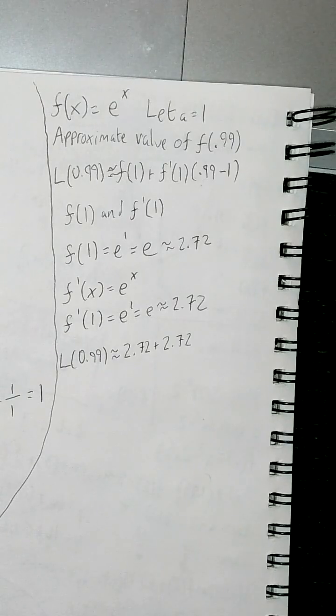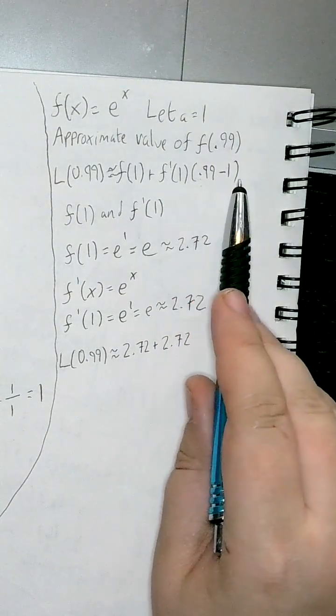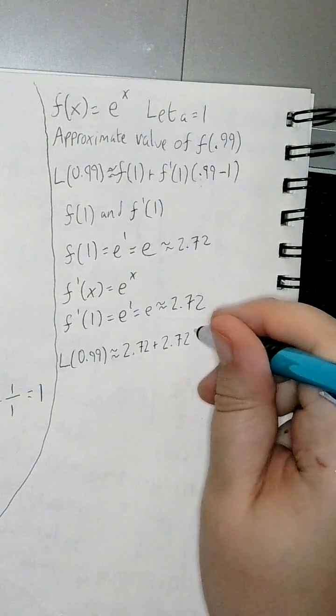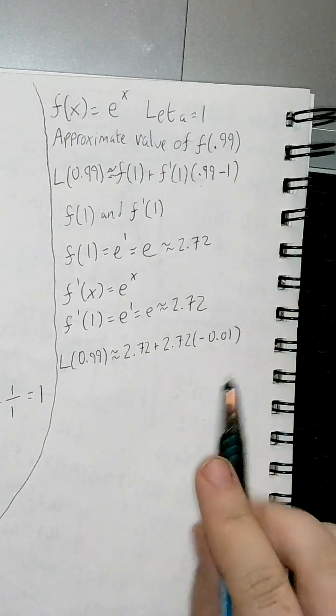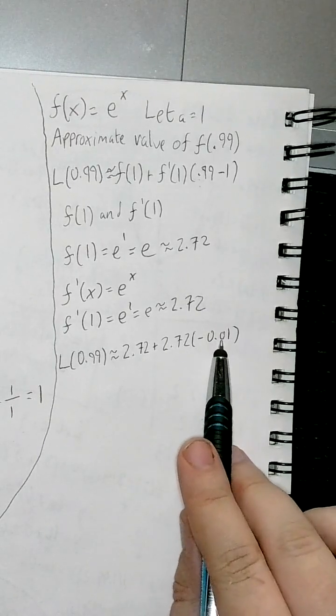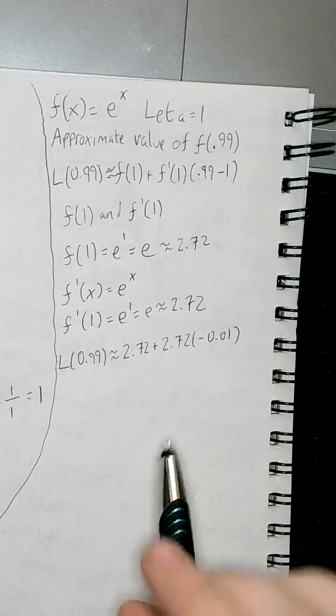Rada says 0.01, Victoria says 0.01. That's right, Joy. Watch your signs, right? Because if I had 1 minus 0.99, it would be positive. But that's right, it's negative. So this is going to be negative 0.01. And so when I multiply a number by 0.01, I'm going to move the decimal 2 places to the left.